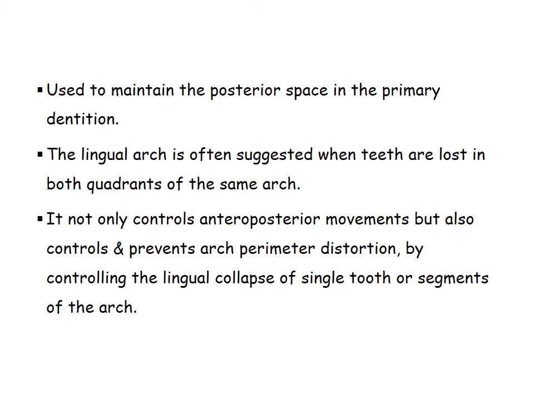If in the same arch the teeth are lost in both quadrants, then we give a lingual arch appliance, but only if the central permanent incisors have erupted. The appliance not only controls anterior-posterior movement, but it also controls arch perimeter distortion, any lingual collapse or lingual tilting of a single tooth or a segment of the arch.